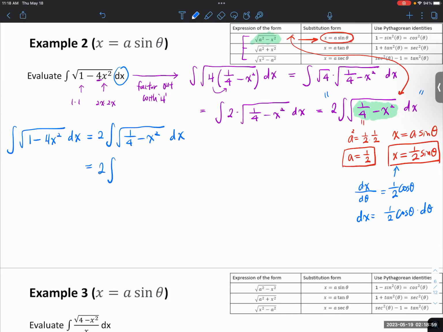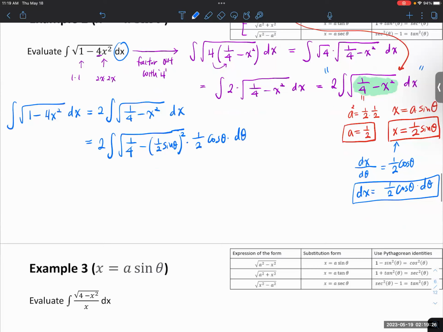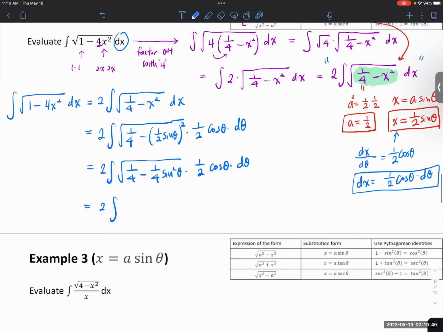So this is the same as 2 times the integral of radical 1 over 4 minus 1 over 2 sine theta, and we just found dx is 1 over 2 cosine theta d theta. So everything is now with respect to theta. Beautiful. Let's keep going. I forgot the second power here. So 2 times the integral of radical 1 over 4 minus 1 over 4 sine squared theta, times 1 over 2 cosine theta d theta. And then you can find the common factor 1 over 4.